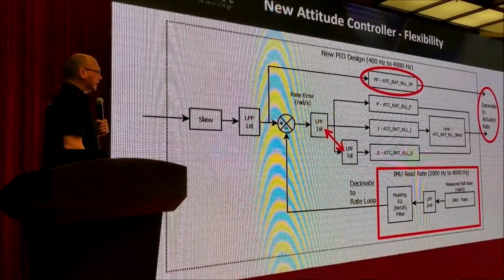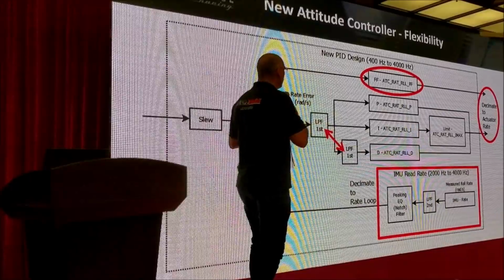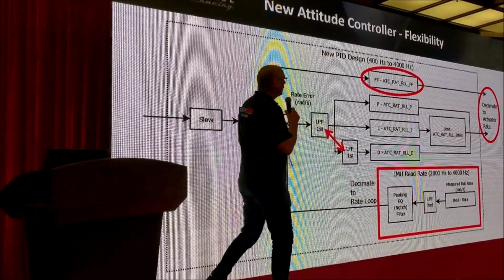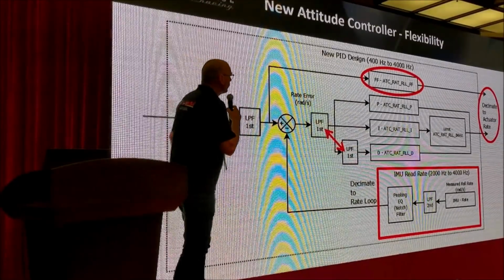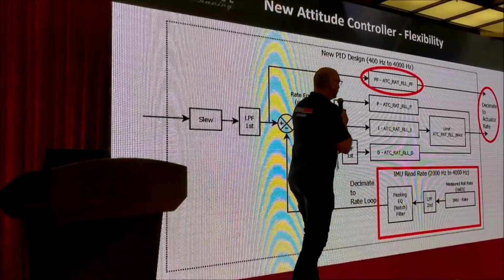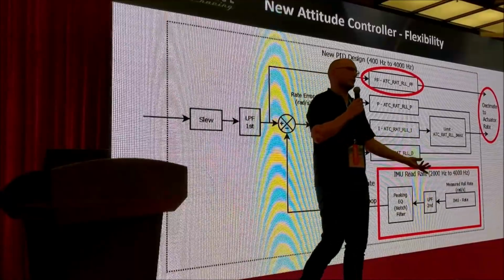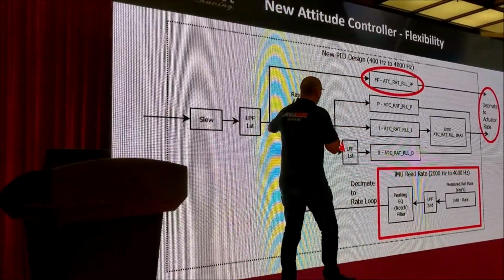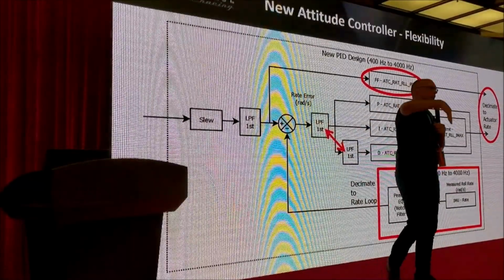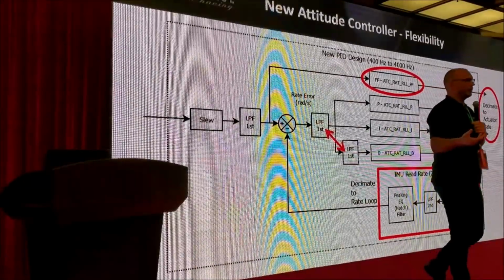So the flexibility allows us to run different areas of this controller at different rates. Sorry, I apologize. The flexibility side of things is dealing with different types of aircraft. For example, aircraft that rely on a flapped output, like the tail of an aircraft.